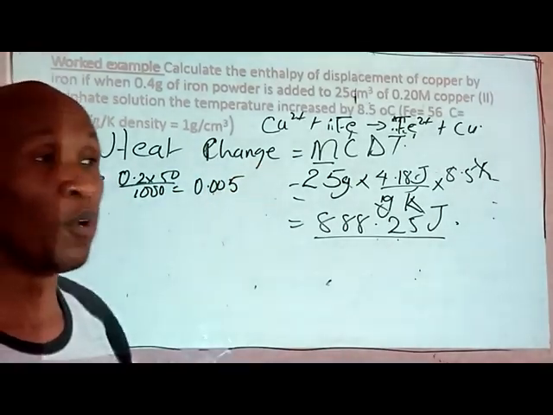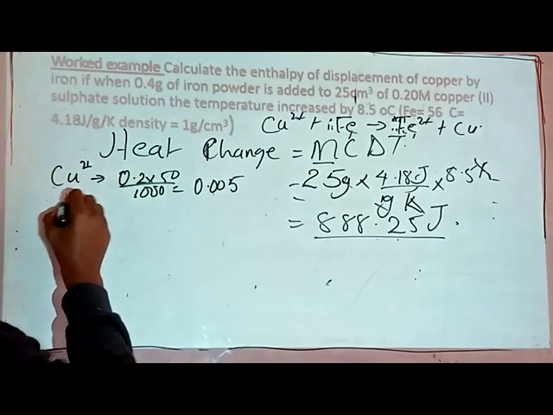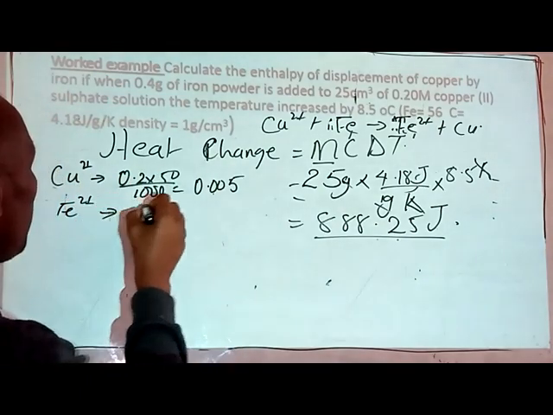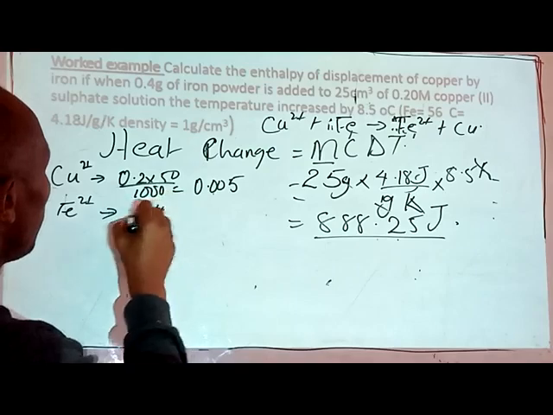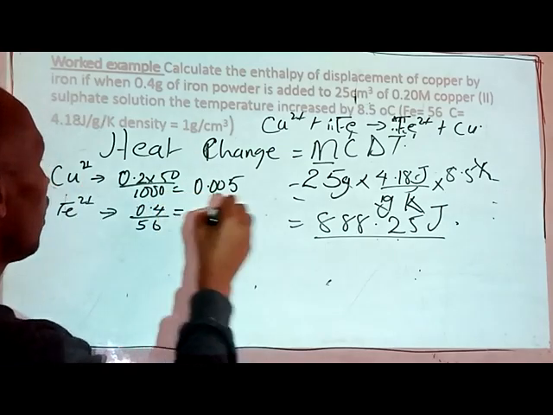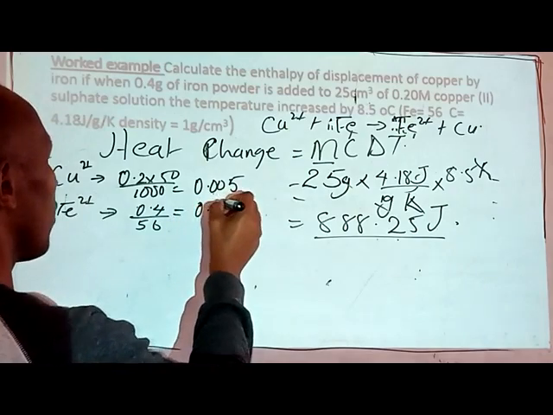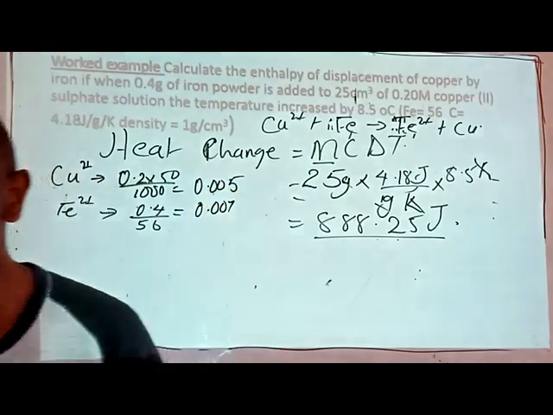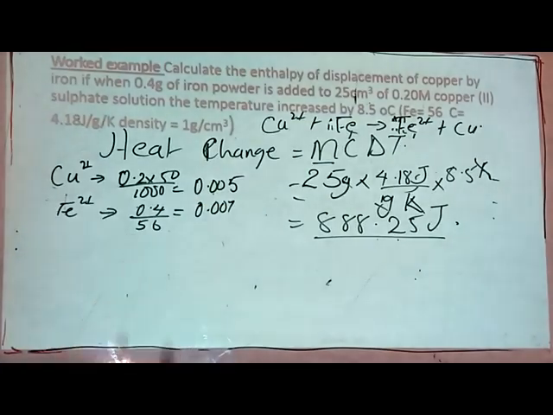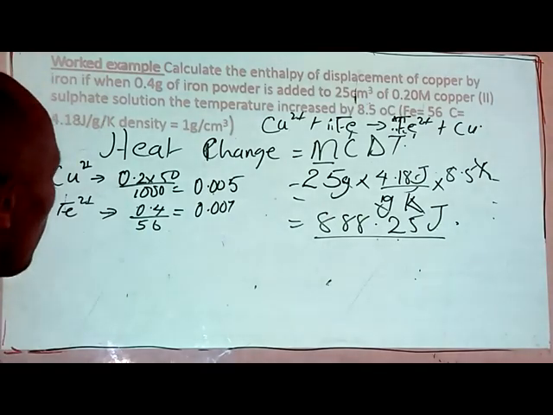What about the number of moles of iron? The number of moles of iron will be 0.4 over 56. I think that works out around 0.007. And you can convince yourself that that is what you have.